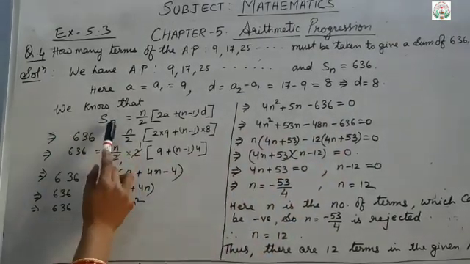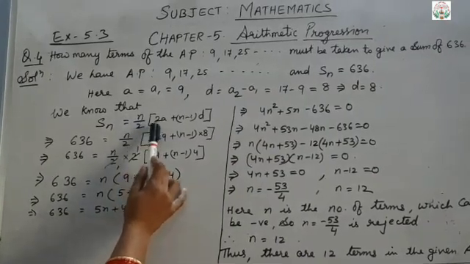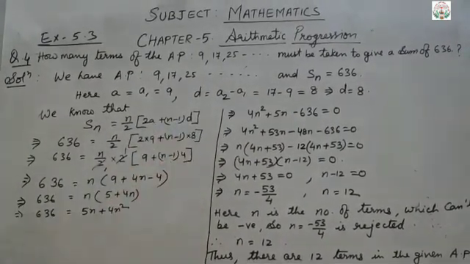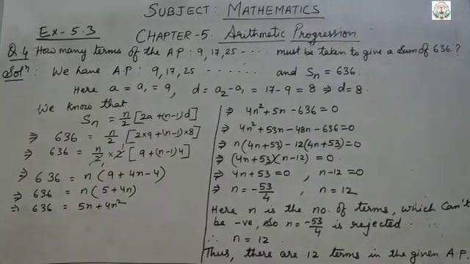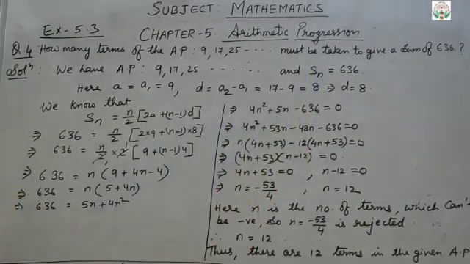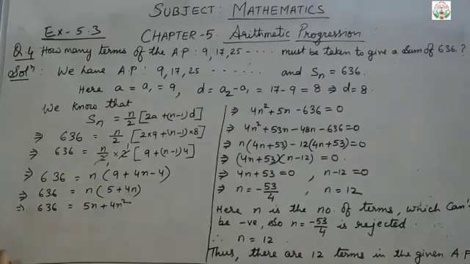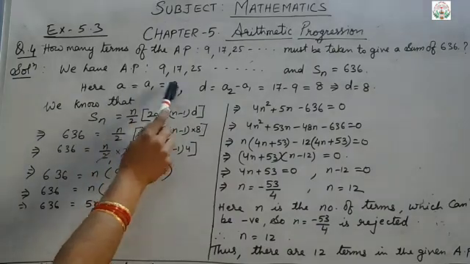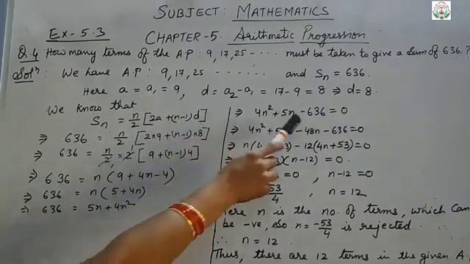Now we know that Sn, the sum of n terms, is n upon 2 into (2a plus (n minus 1) into d). This is the formula for the sum of n terms. Here Sn is given as 636, so we will put the values of the given variables: the value of a, the first term, and the value of d which we have already found.